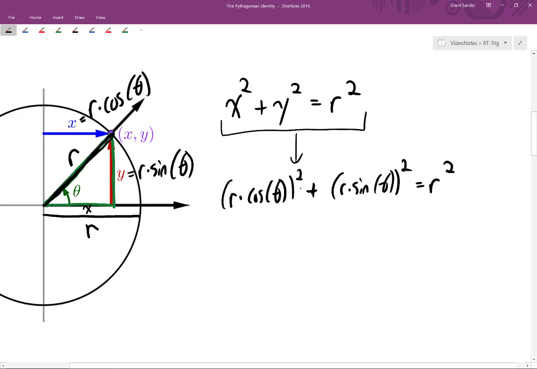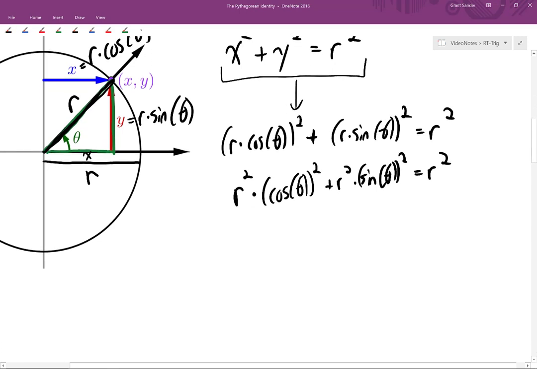And if we distribute that exponent of 2 in both of these terms, we end up with r squared times cosine of theta squared plus r squared times sine of theta squared is equal to r squared.